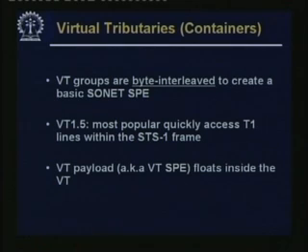You want your T1 line to have a separate existence, just like in a compartment we have different passengers. Passengers have their own individual entity, but together they are packed into one compartment and then they travel. Similarly, your T1 line is going to ride onto this very fast stream and travel to the destination. So, VT 1.5 gives you a T1 line.